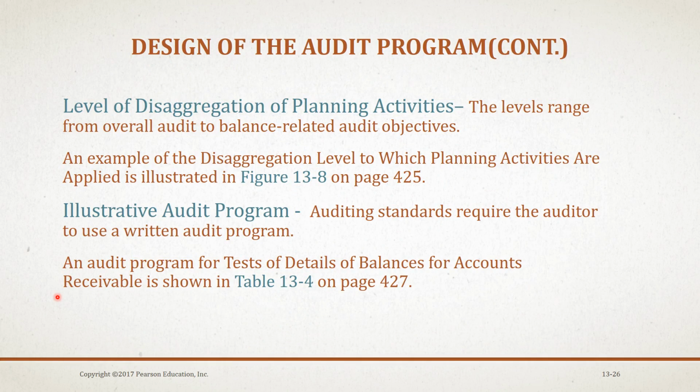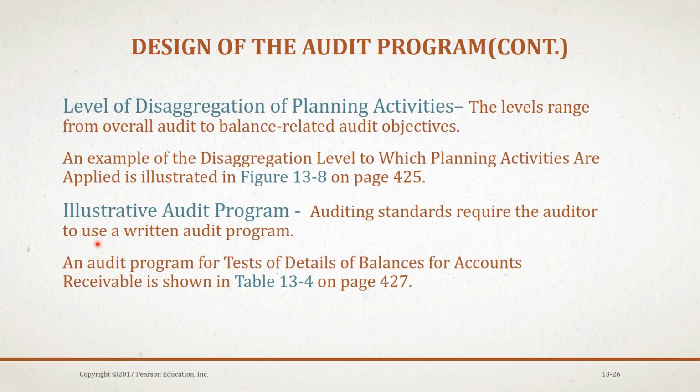The level of disaggregation of planning activities, and again, depending on how you're doing an audit, there could be a variety of steps. So, an illustrative audit program: again, the standards require the auditor to use a written program.